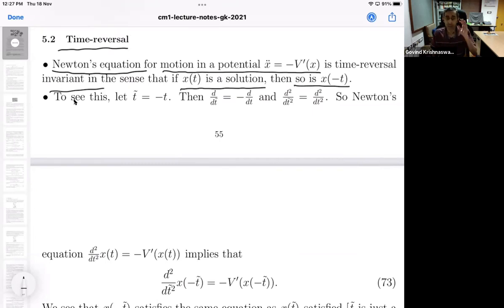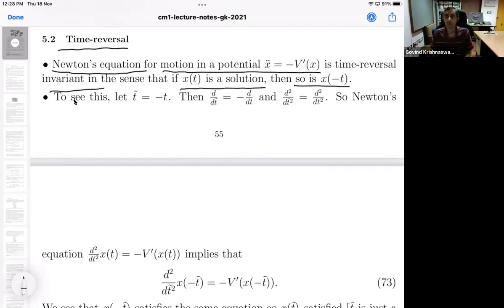What does this mean roughly? Suppose x of t is this motion, the particle moves like this. Suppose you take a movie of that motion, you store that movie and play that movie backwards. You will have some motion described. The claim is that that backward played movie is also a solution of the same equation of motion.